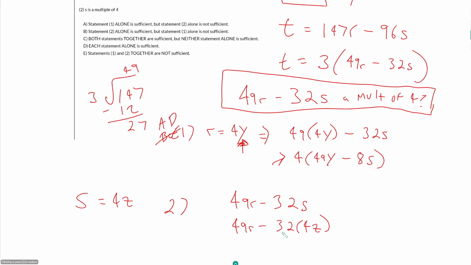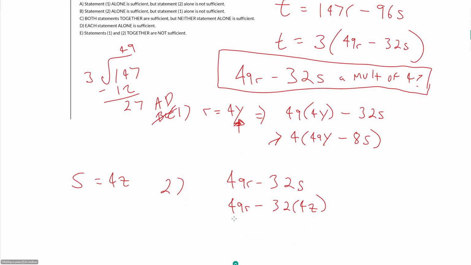I already had a 4 here from the 32, and it looks like I just added an additional one, which means nothing new was shared between my two terms. So I don't think I can pull anything out here, and that means whether or not 49r minus 32s is a multiple of 4 depends on the values for s and z, which can be almost anything. So this is going to be insufficient.